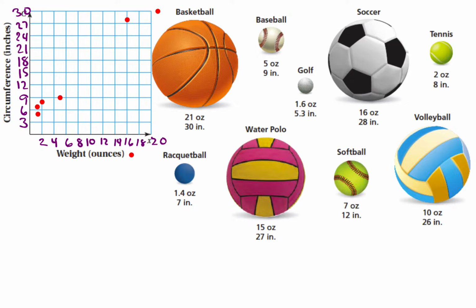The water polo ball is 15 ounces, 27 inches. 15 ounces, 27, we'll put it right there. The softball, 7 ounces, 12 inches. And the volleyball, 10 ounces, 26 inches.